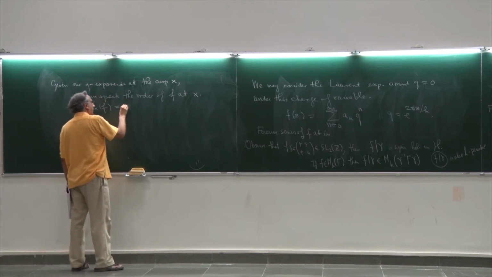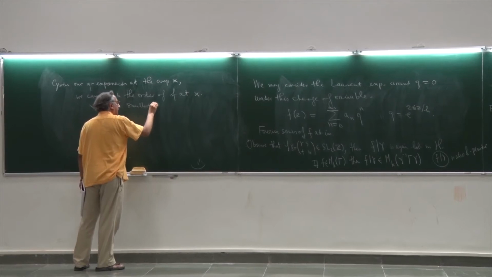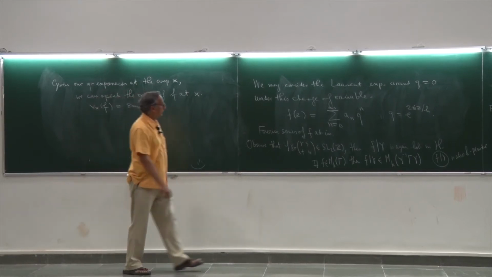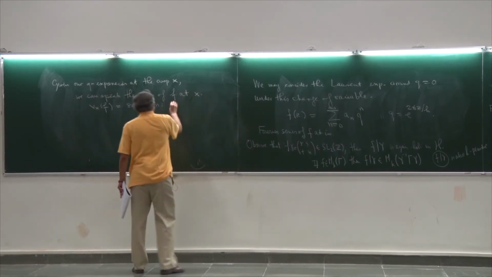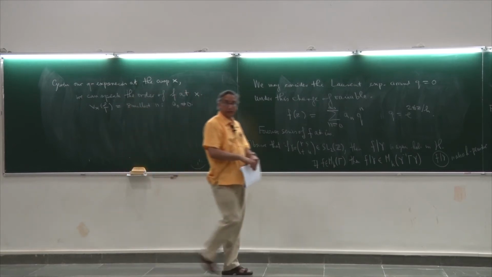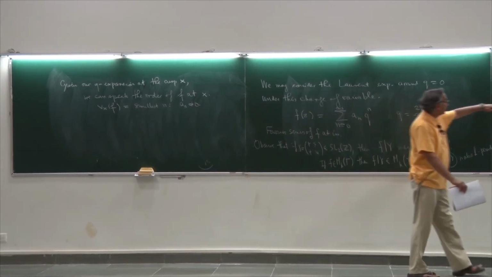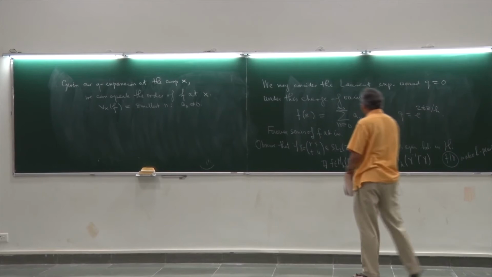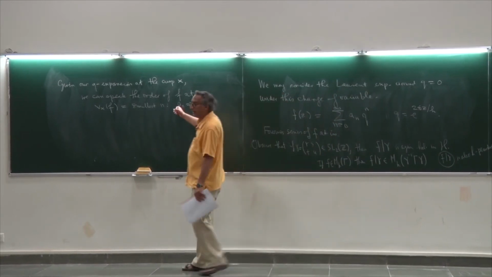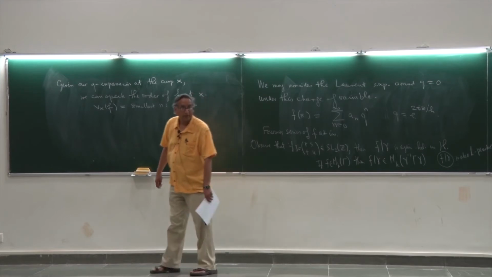It's the smallest n such that the Fourier coefficient a_n is not 0. So we talk about the Q expansion at the cusp. This is what I discussed here. We look at the Q expansion at the cusp, and the smallest n for which a_n is not 0 is the order of the zero at that cusp.